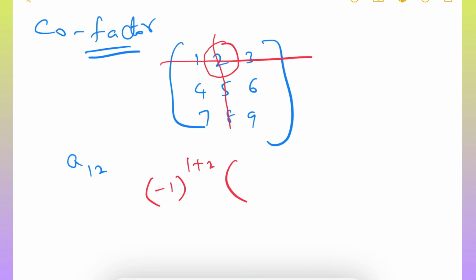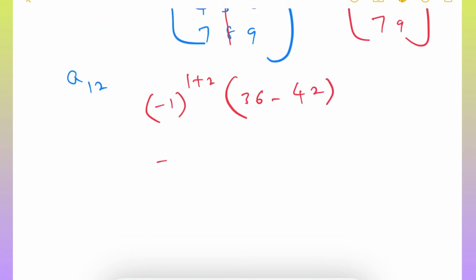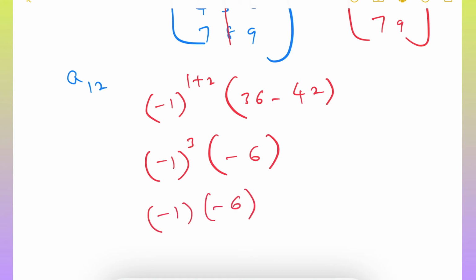The remaining will be 4, 6, 7, 9. Now let us find the determinant of this. 4 9s are 36, minus 7 6s are 42. So we get minus 1 to the power 1 plus 2, that is 3, into 36 minus 42, which is minus 6. Minus 1 to the power 3 is minus 1, into minus 6, which is plus 6.